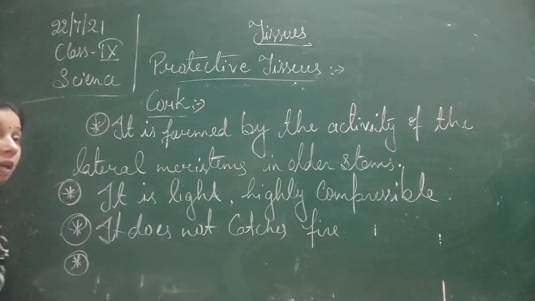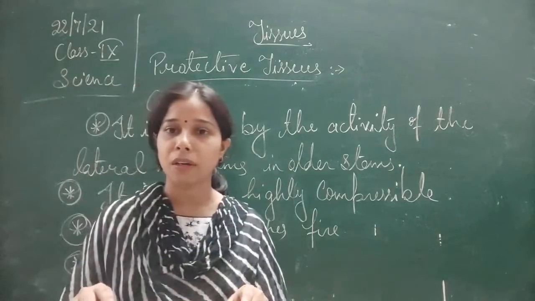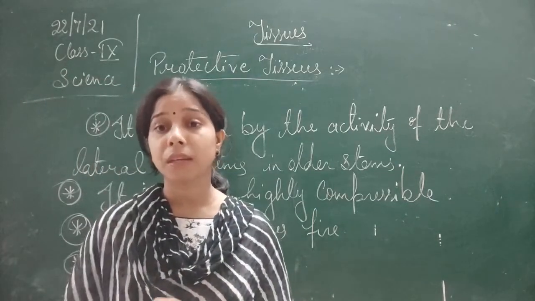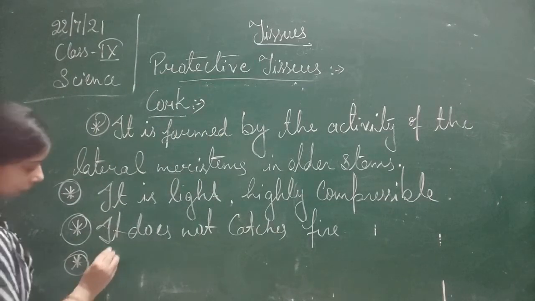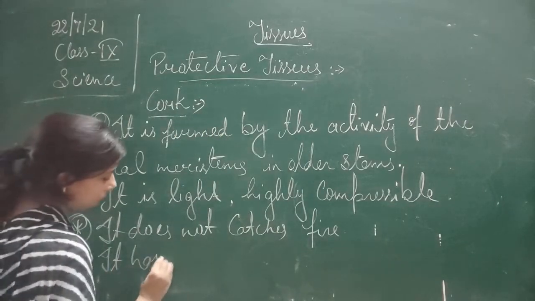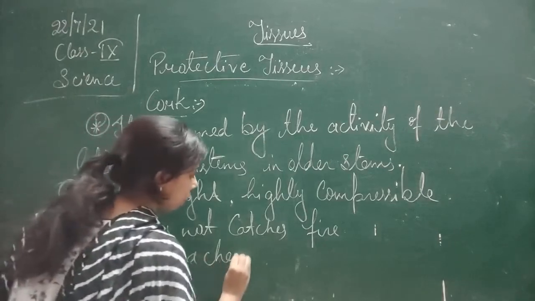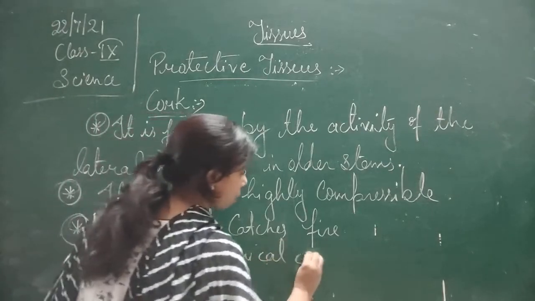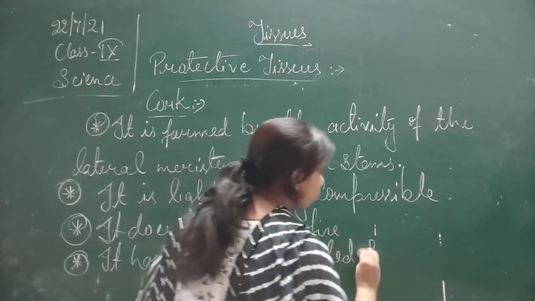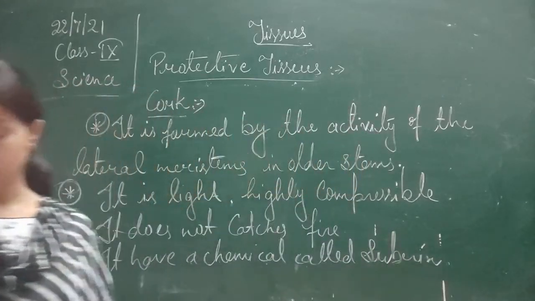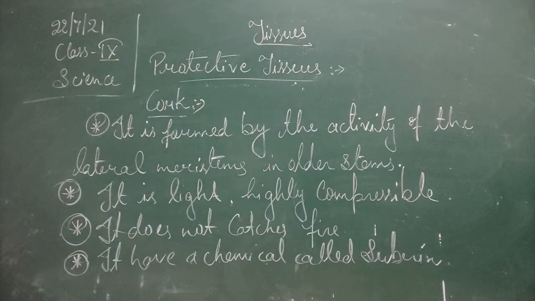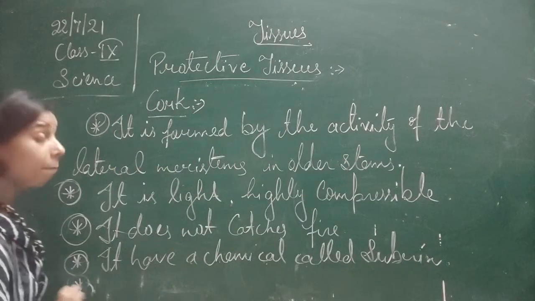Cork consists of a waxy layer on it, which is called suberin. Cork cells have a chemical called suberin, and this suberin will make the layer impervious.